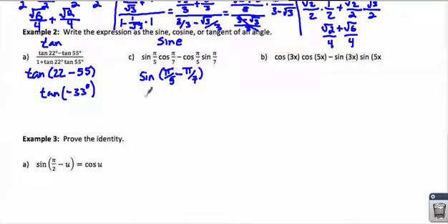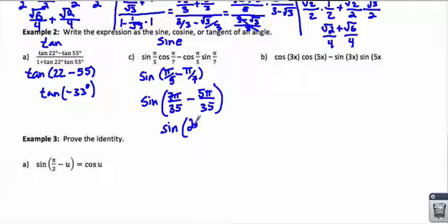And you need to simplify, so find common denominators. Be 35. 7 pi, 5 pi, and go ahead and subtract these. And we get sine of 2 pi over 35.